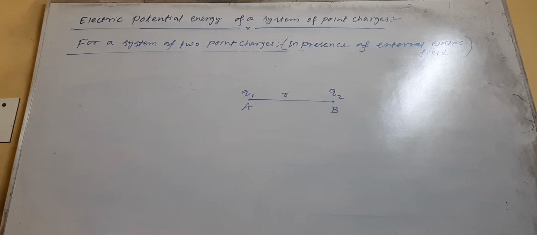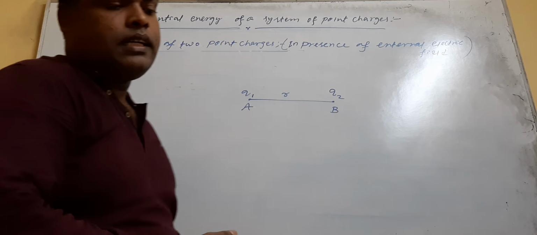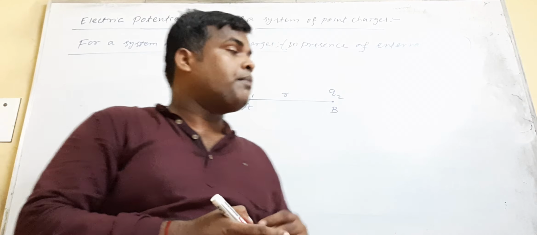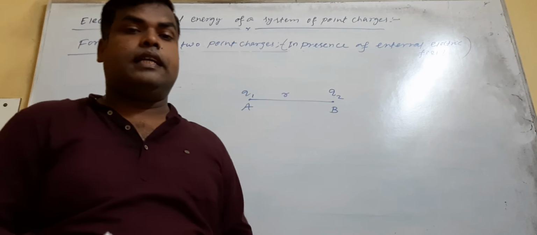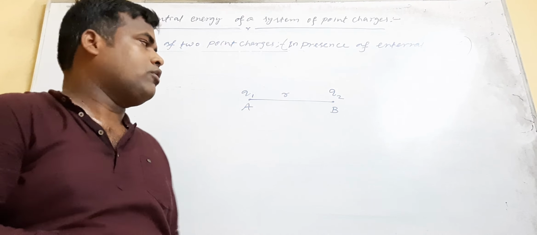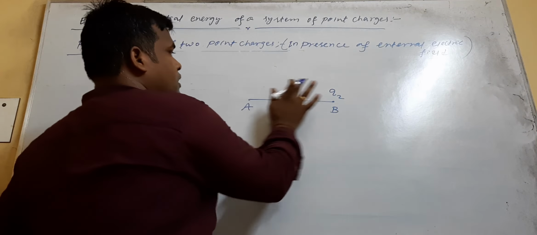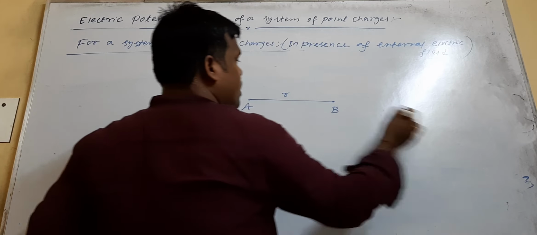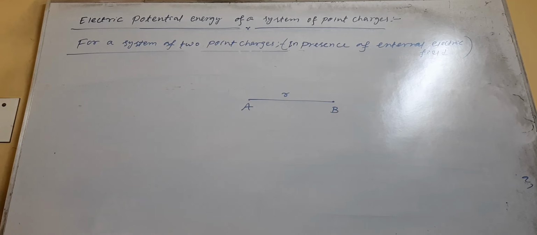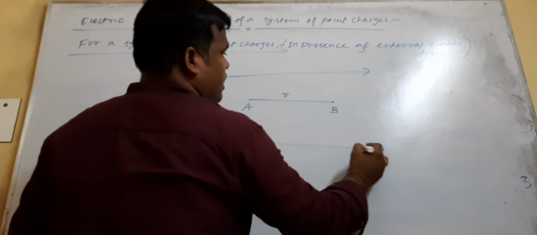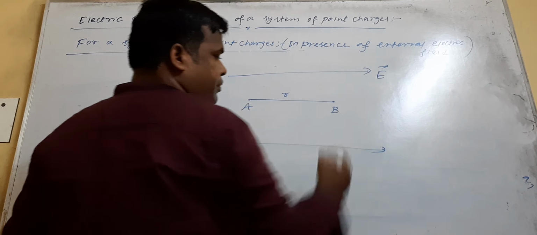The concept is the same, that is the total amount of work done in bringing the charges from infinity to their respective places against the electrostatic force. That is, to bring Q1 and Q2 from infinity, we have to see what is the amount of work done. Let it be the external electric field.